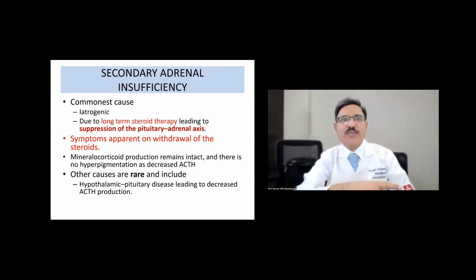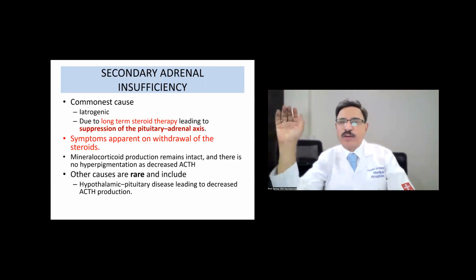Then the important thing is there is no hyperpigmentation, whereas in primary Addison's disease, hyperpigmentation is one of the important features. In secondary, there is no hyperpigmentation because ACTH is decreased. Other causes are rare and include hypothalamic-pituitary axis disease leading to decreased ACTH. So how do I differentiate between secondary and primary? Secondary is the most common.